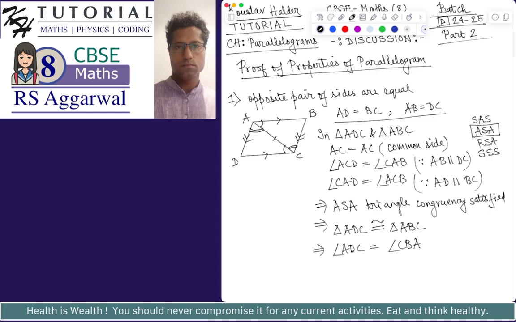Okay, so we see that angle D is equal to angle B. This we got from the fact that triangles ADC and ABC are congruent.